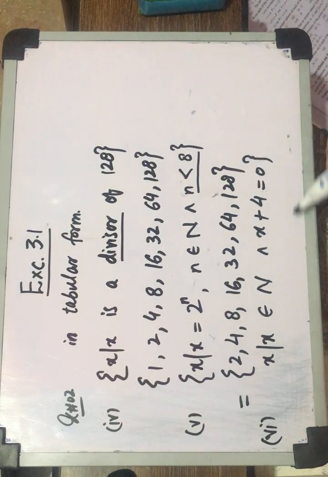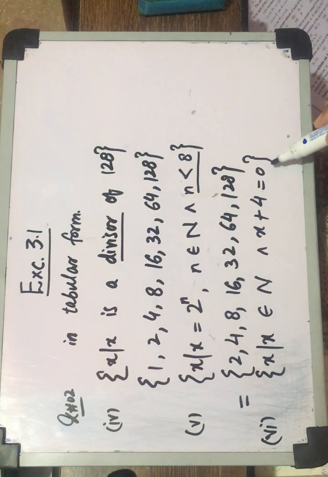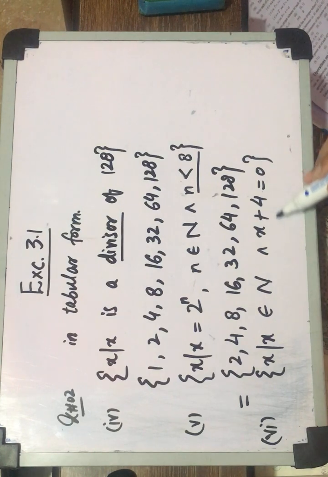Then we have part number VI, that is x such that x belongs to N and x plus 4 is equal to 0. Which numbers are these? These are the natural numbers, and the condition is that x plus 4 is equal to 0. Which number belonging to N satisfies this equation?